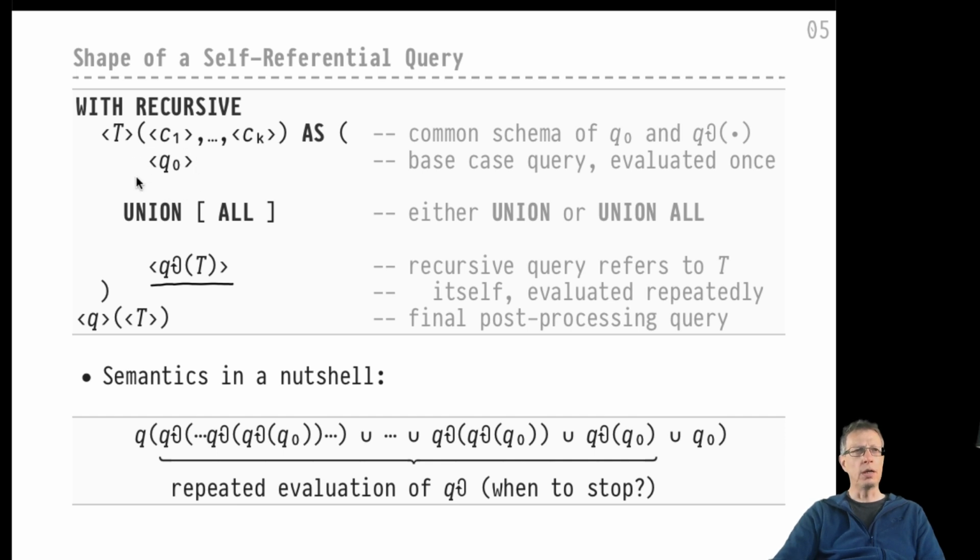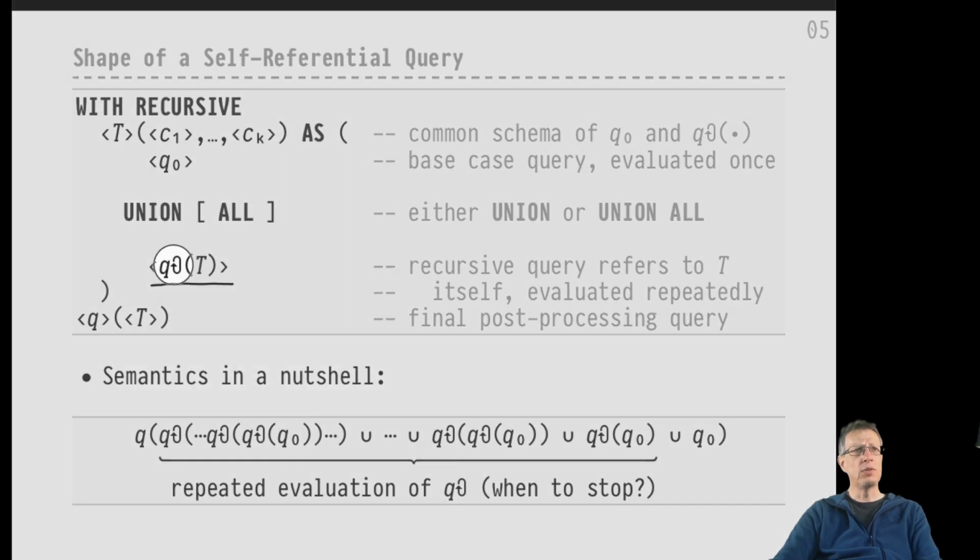This recursive part of the query may already refer to these rows. You see that I've indicated this here. This recursive part of the query may refer to the table T that we are currently defining itself.